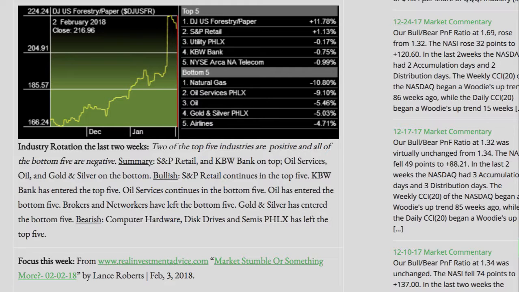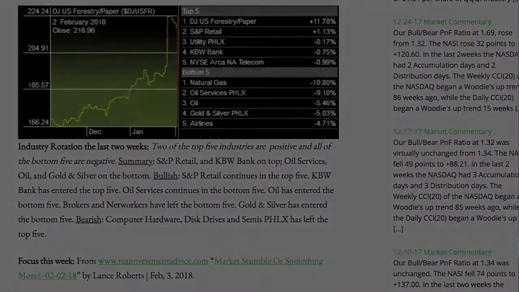Oil Services continues in the bottom 5. Oil has entered the bottom 5. Brokers and networkers have left the bottom 5. Gold and silver has entered the bottom 5. Bearish: computer hardware, disk drives, and semis has left the top 5.